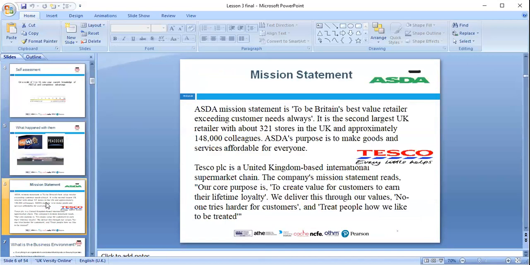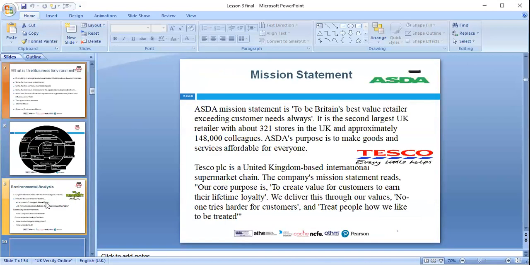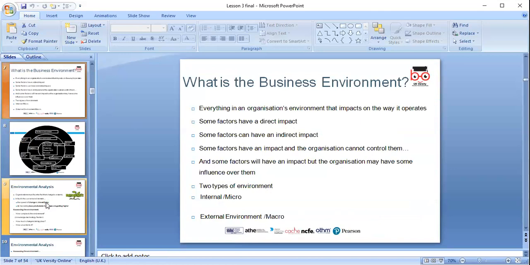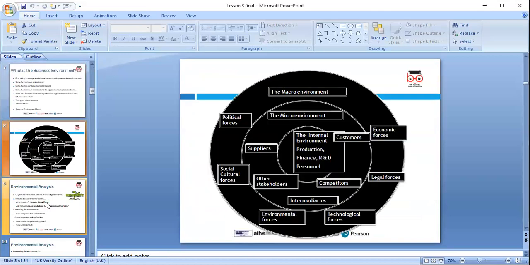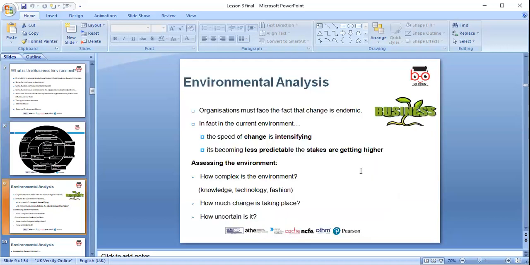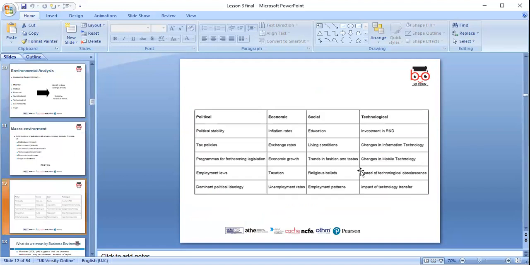We discussed the mission, why they are in the business, and always looking around the company and the external environment: political, economic, social, technological, and internally our micro level, which can be customers, competitors, suppliers. Those we can look around, and micro is easy to monitor, but macro is difficult to control. We went through all the elements.